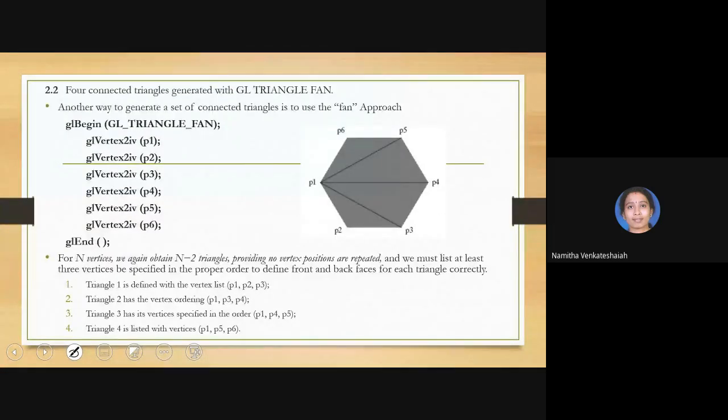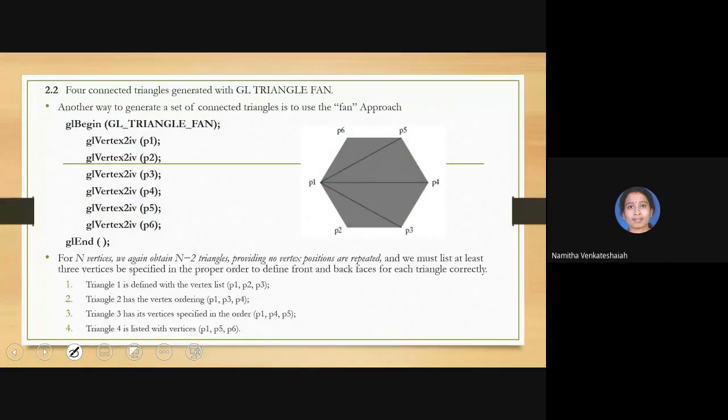When it comes to triangle fan, again the order varies here. We can give points in whichever way we want, but we are giving it this way to make the output easy to write. Look here: P1, P2, P3, and P4 is the next point.